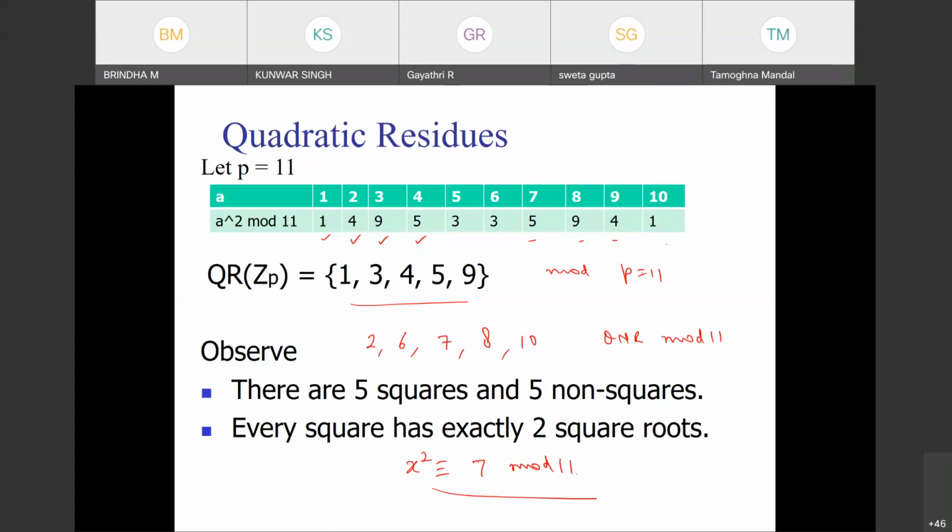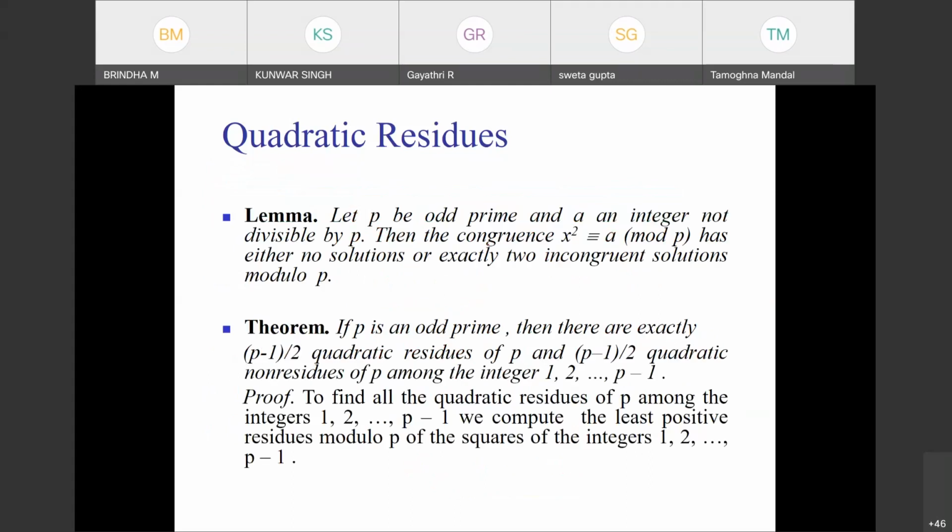The proof is also very simple: there are (P minus 1) by 2 quadratic residues modulo P and (P minus 1) by 2 quadratic non-residues modulo P. I have given the proof here, you can see it. QR modulo P is clear.